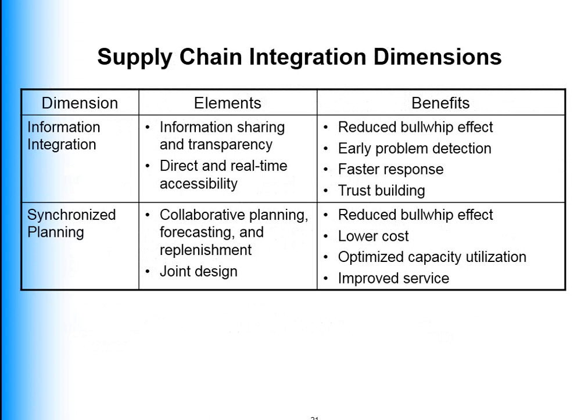We have information integration. The elements are information sharing and transparency and direct real-time accessibility. The advantage of information integration in the supply chain integration dimension is the transparency of information. When the client orders, everybody is aligned to produce it.